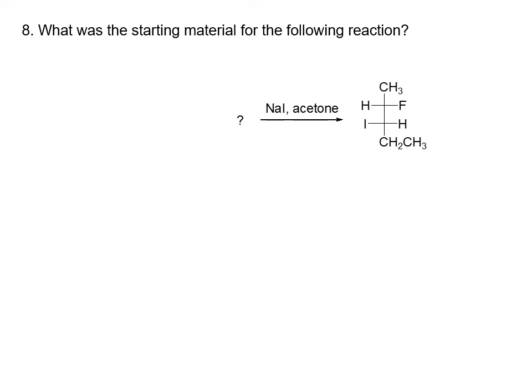Sodium iodide in acetone is a reagent that reacts in an SN2 reaction mechanism, which means with inversion of configuration. So if the product is the threo product, that means that starting material must have had inverted configuration on carbon 3 and would be the erythro product.